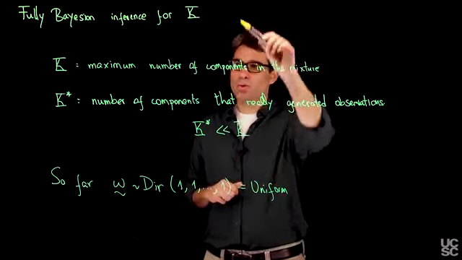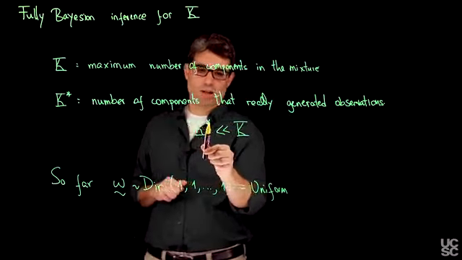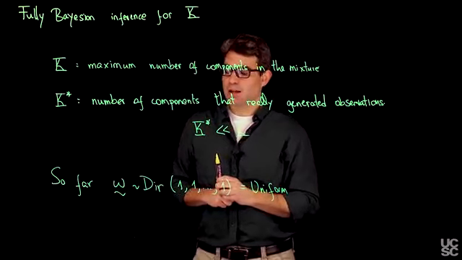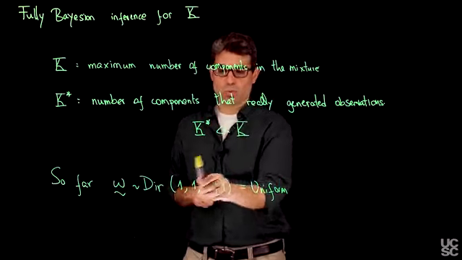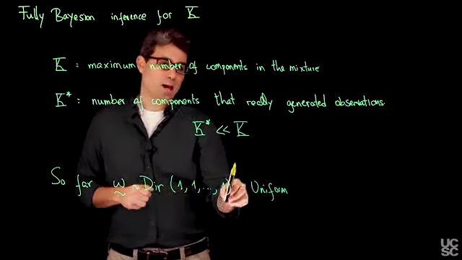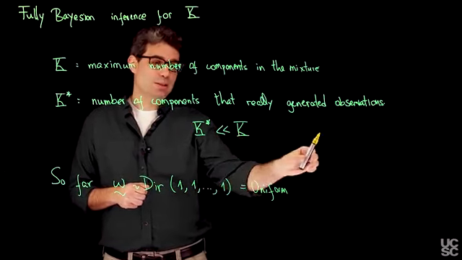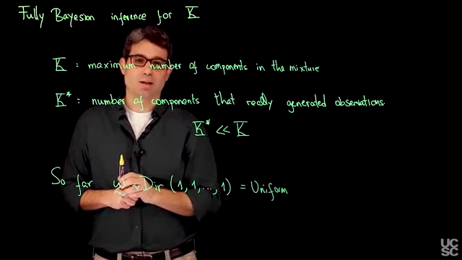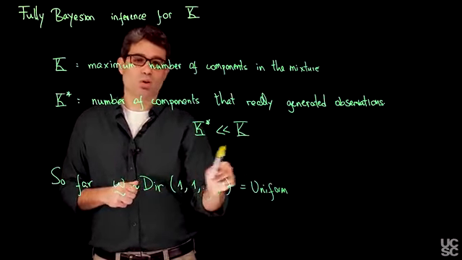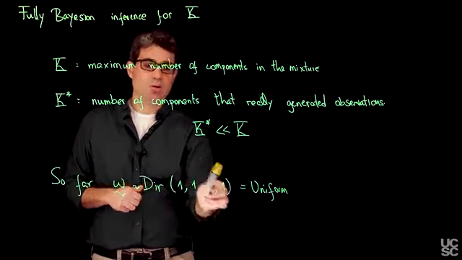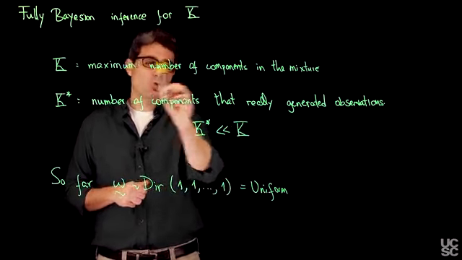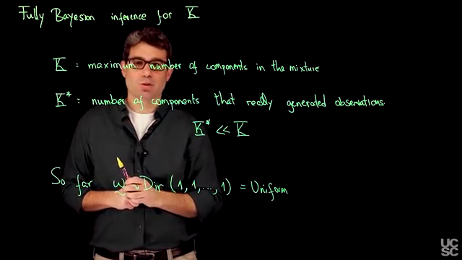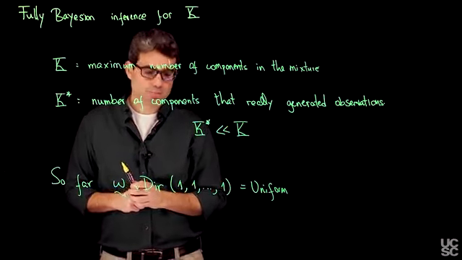But if we're going to move now into this other setting where we're going to say that K star is a much smaller number than capital K, then using a prior of this type won't work, because basically what will happen is that as we increase K, we're also increasing what our prior guess is about capital K star. So in other words, if we use this prior, the maximum number that we select as capital K will have a lot of influence in the posterior inference that we get out of our model.